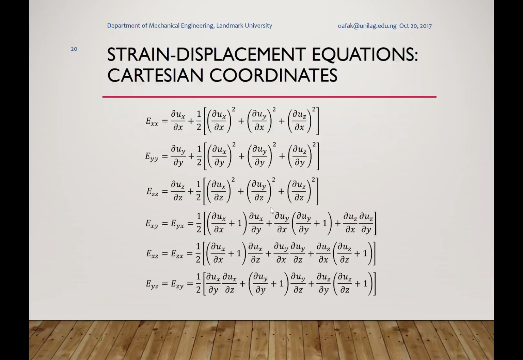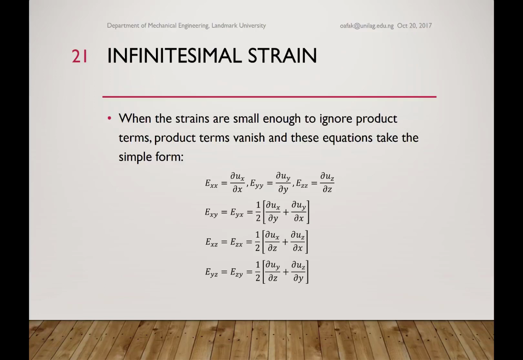So let's compare the full equations of the Lagrangian strain to the infinitesimal strain in this situation. You can see the amount of simplicity that is at our disposal once we can assume the strain is small.